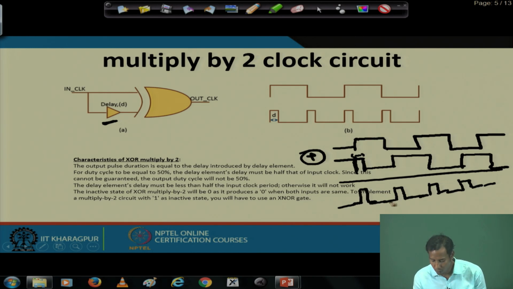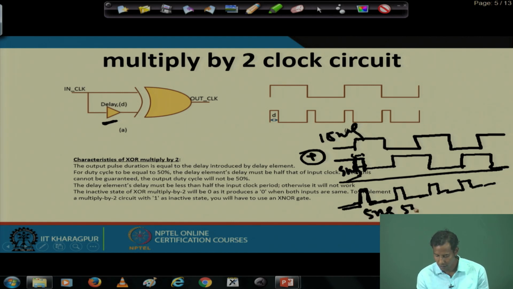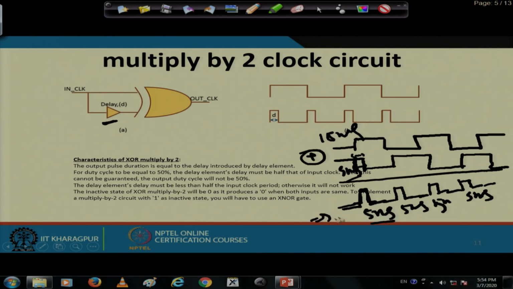the output clock frequency will be just double. If I consider the period as, let us say, 10 nanoseconds, and I use a delay of, let us say, 5 nanoseconds, then these pulses will each be 5 nanoseconds wide. So, here I can increase the frequency to twice.